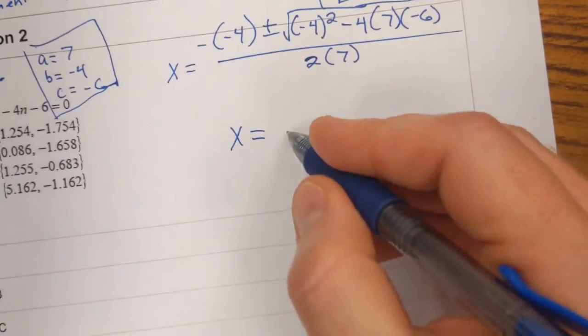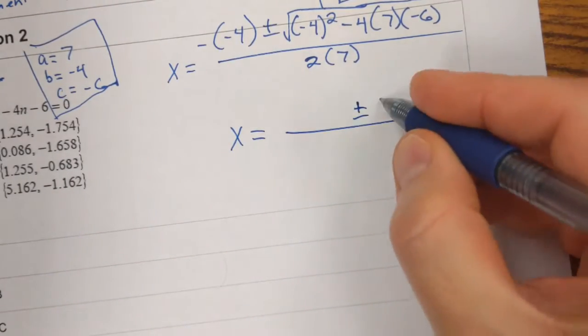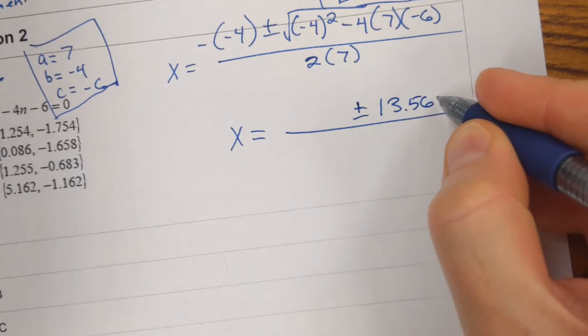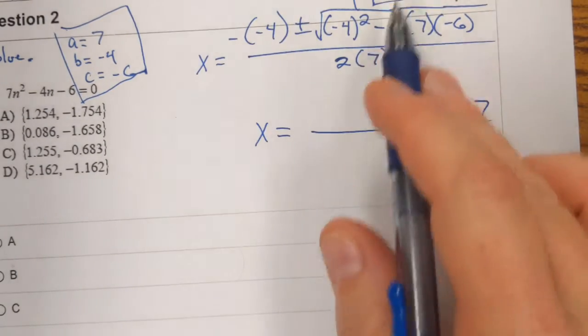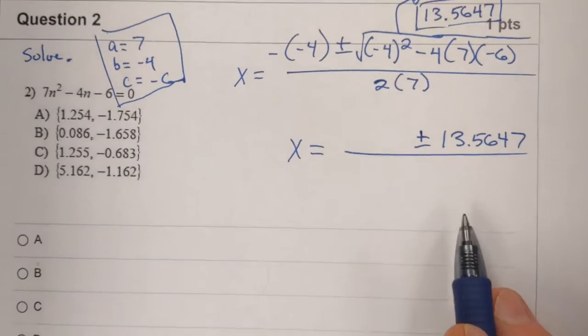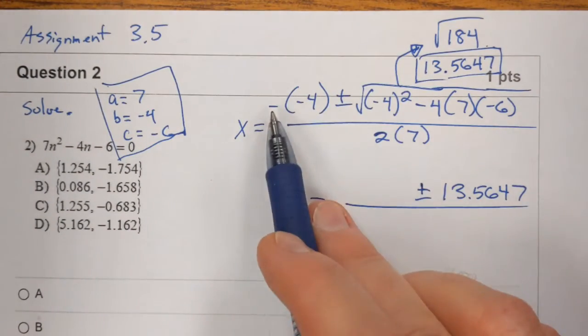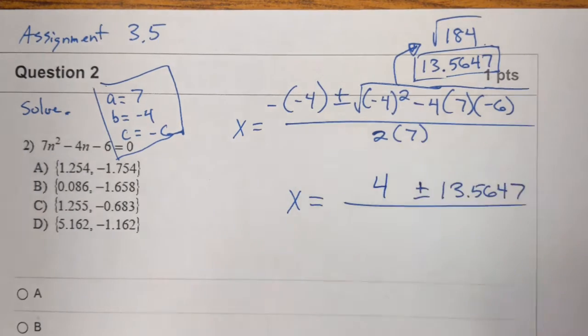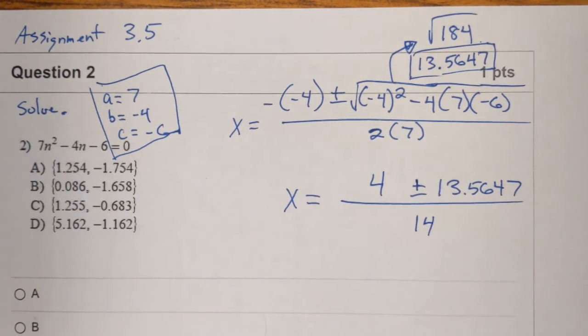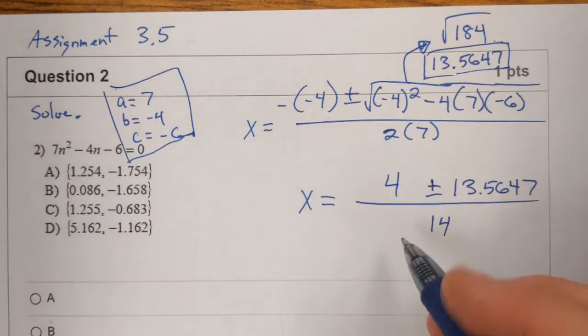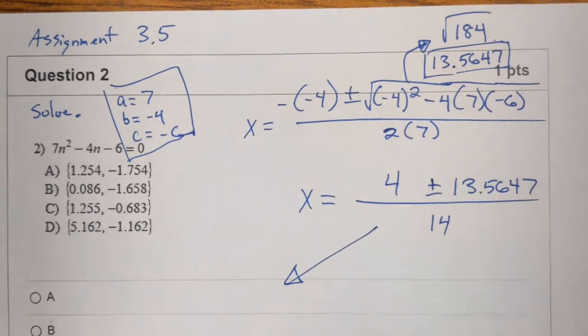At any rate, when I move to my next step, I'm going to write 13.5647 right here from where I took the square root. Now the rest of this is pretty easy to fill out. The opposite of negative 4 is positive 4. 2 times 7 is 14. And so from this point, I'm going to get 2 distinct answers.